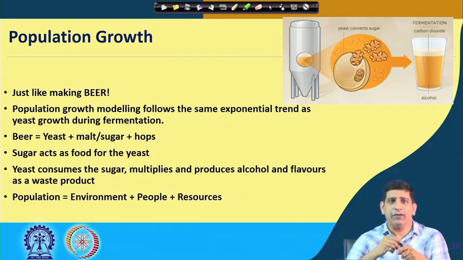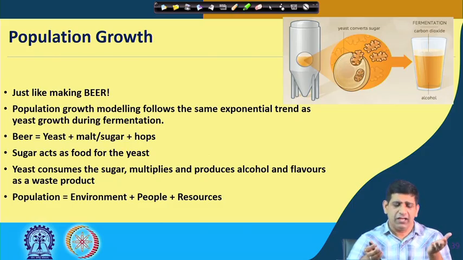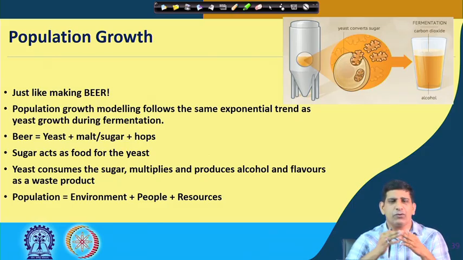I don't advocate that you consume liquor, but when we talk about beer formation or any fermentation process, population growth modeling follows the same exponential trend as yeast growth during fermentation.